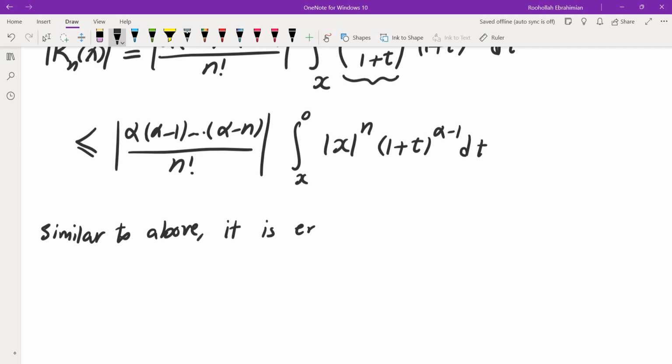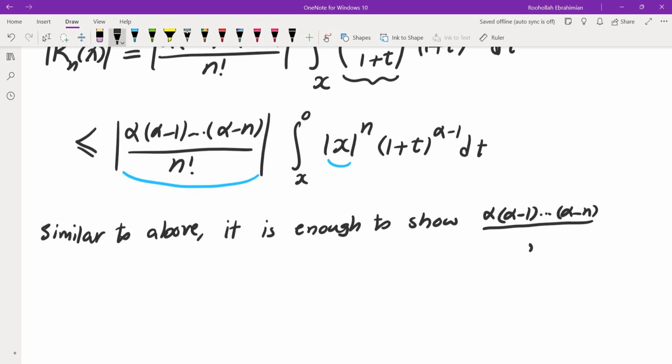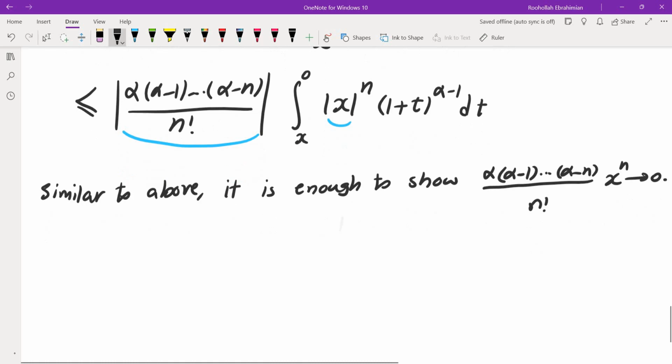It is enough to show that this portion, alpha(alpha - 1)...(alpha - n)/n! times x^n, approaches 0 as n approaches infinity.